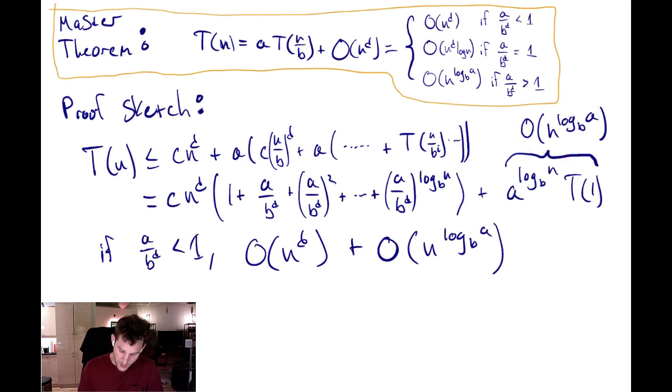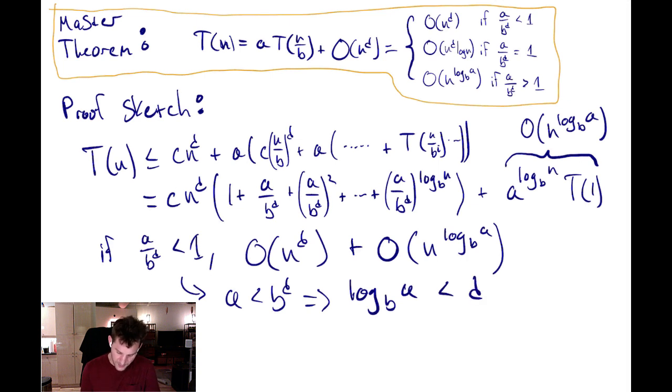Okay, but what is n to the log base b of a? Following this statement right here, if a over b to the d is less than 1, then we can also conclude that a is less than b to the d, which also implies that log base b of a is less than d.